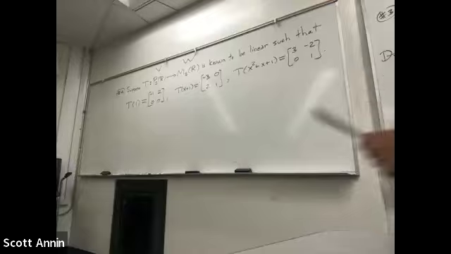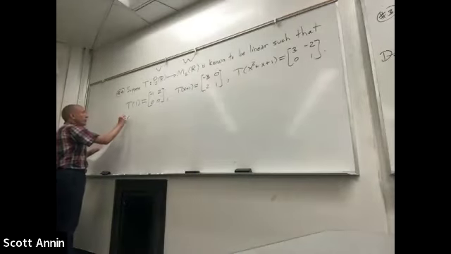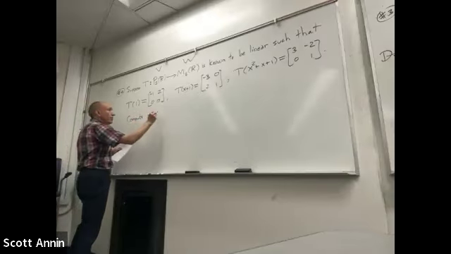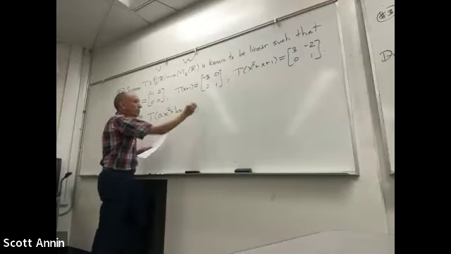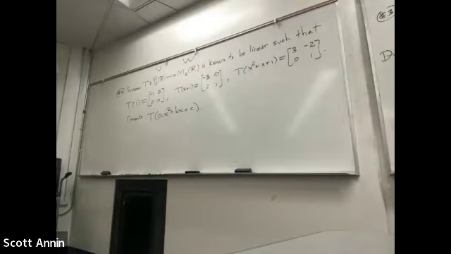And what I want to try to do here, guys, is compute T of any quadratic polynomial, ax squared plus bx plus c. I'll let everybody write that down, and then we are going to do this problem.